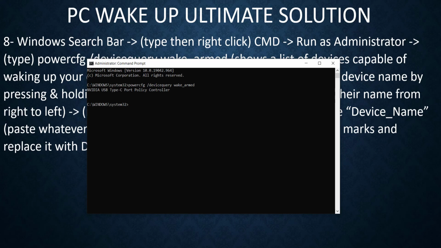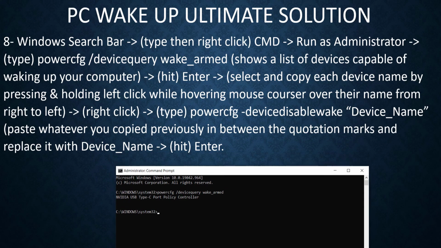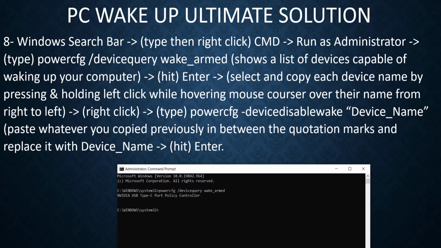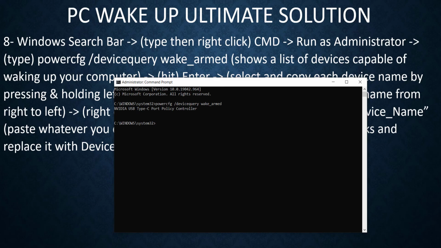So what we have to do right now, based on the step guideline, is to use another command to disable this. So first we need to copy its name. As you can see, please pay attention. What I'm going to do is to left click and select the name of this, and then right click. It's right now copied.